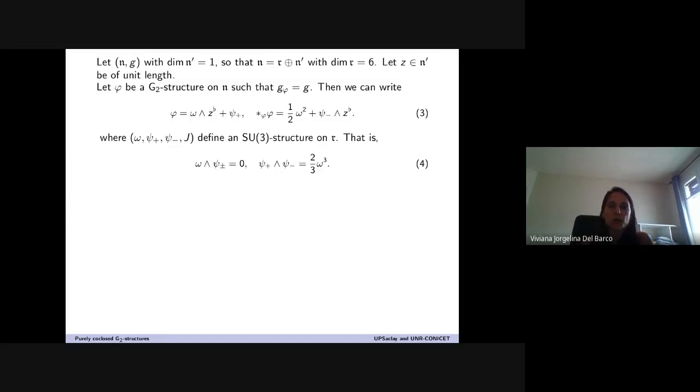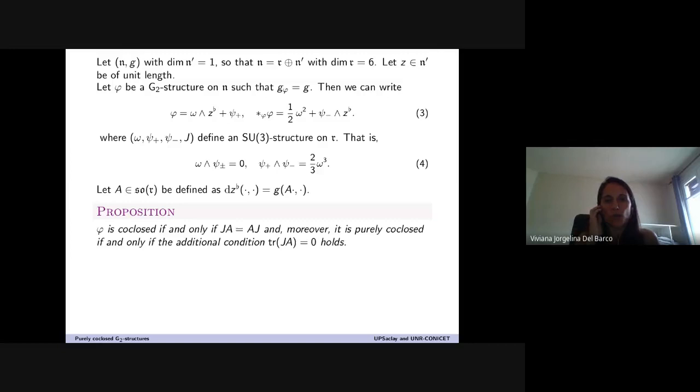The Hodge dual can be computed in the other part, and the psi plus, the omega, psi minus, they all correspond to the SU3 structure, and they behave as in formula 4, more or less. Well, this is more or less well known. And notice that I've introduced J because I'm going to use it to say the conditions for phi to be coclosed.